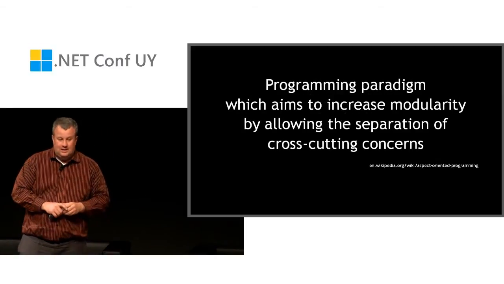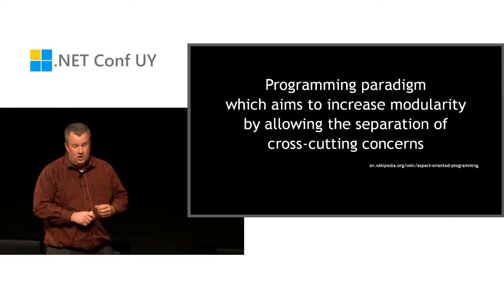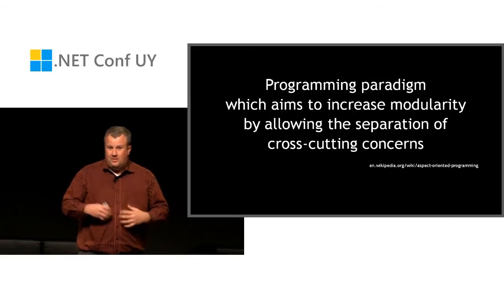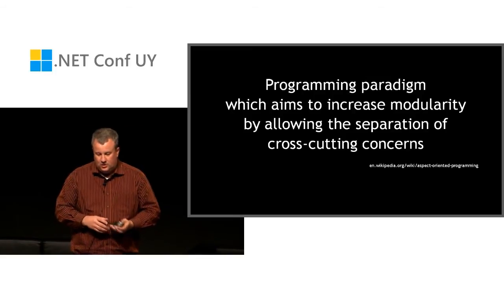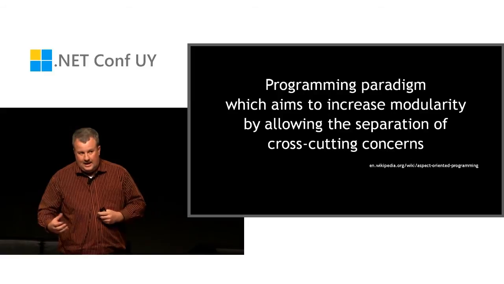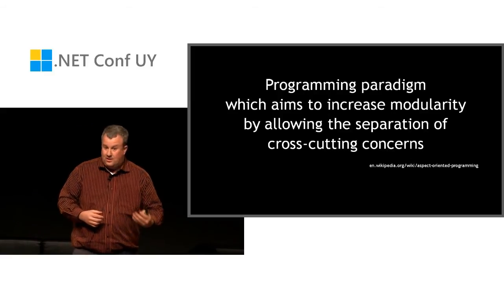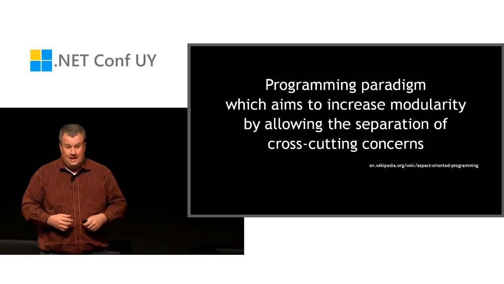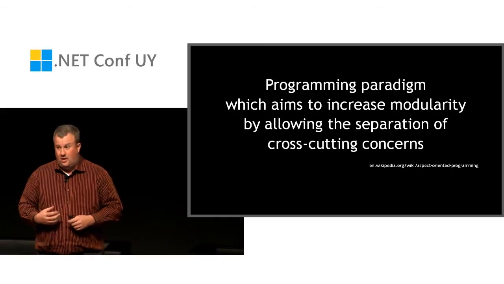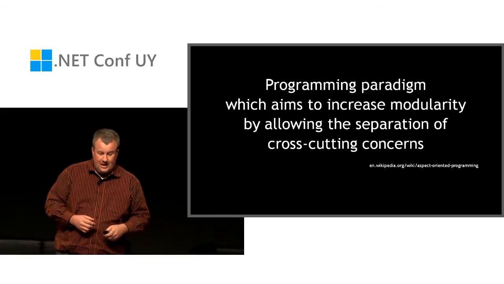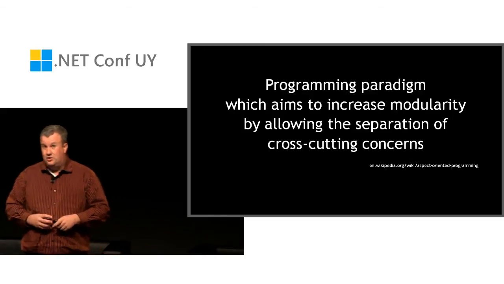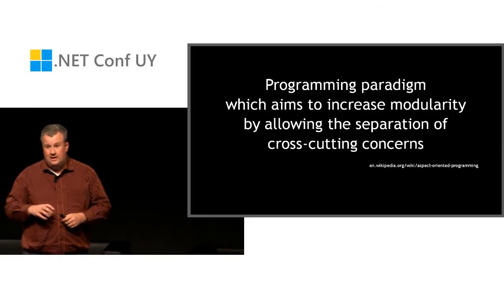So AOP is an interesting topic. It's a complementary topic. It's not a product and it's not a pattern, really. It is a technique, something like object-oriented programming. The big thing that AOP allows you to do is increase the modularity of your code.